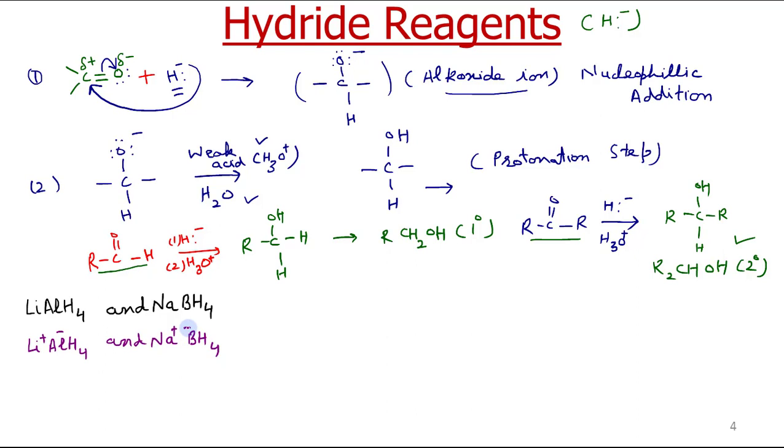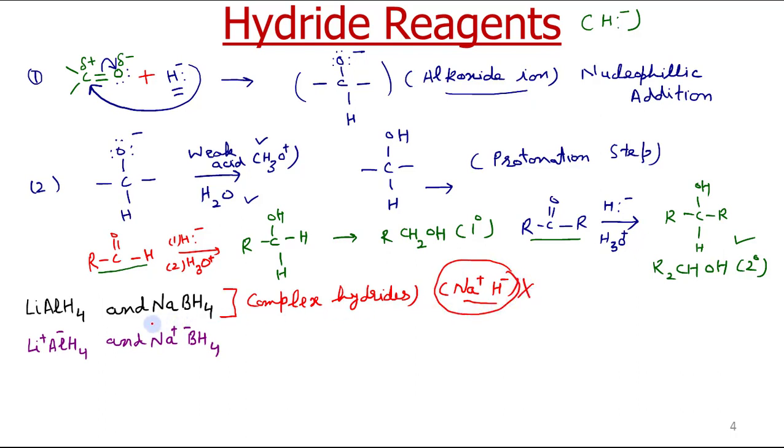Now these metal hydrides are called complex hydrides. Why? Because their structure is complex. They are not simple compounds like Na positive H negative. This is a simple hydride, but they do not exist like this.